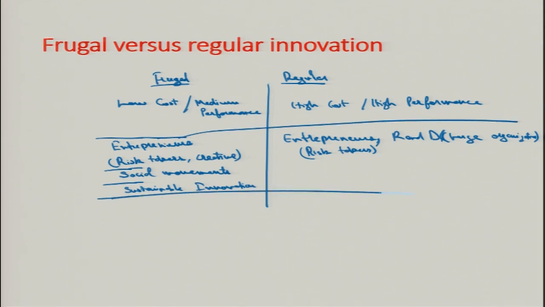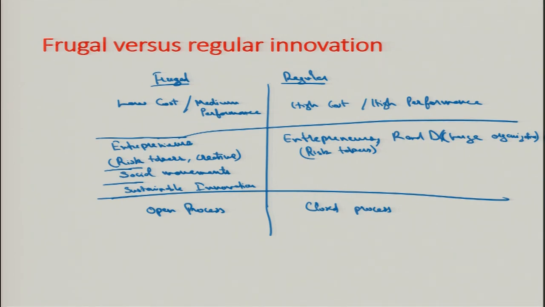The process here is open in frugal innovation. Here it is the closed process. This is the difference between frugal and regular innovation.